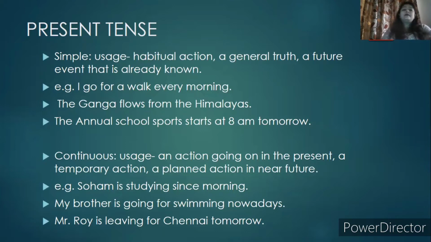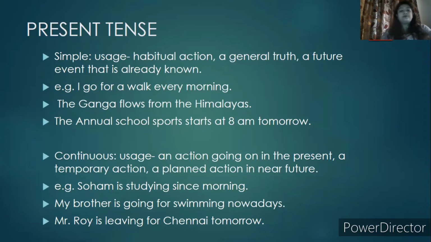Next, simple present tense is also used to express a general truth, a truth which is known to all. For example, the Ganga flows from the Himalayas, or the sun rises in the east. Interestingly, present tense also denotes a future event that is already known to us. We already know that this is going to happen. It's a future event, but it is denoted through present tense.